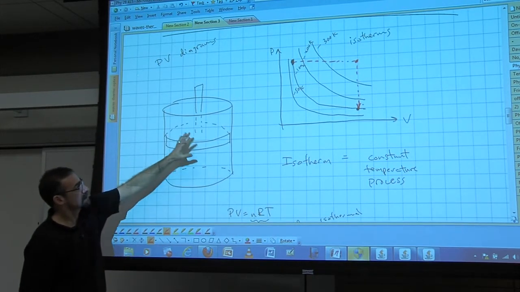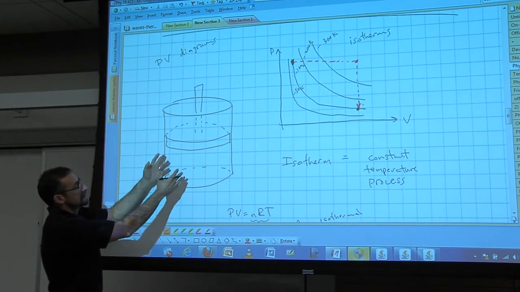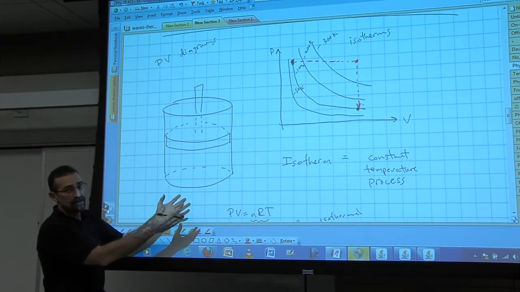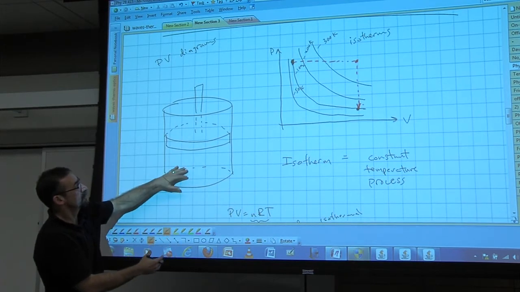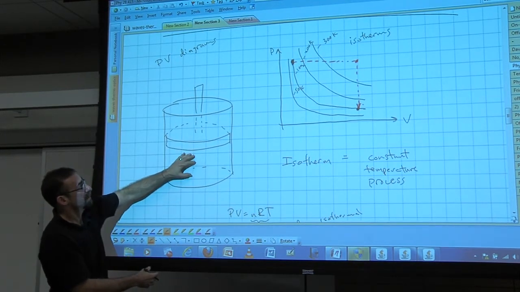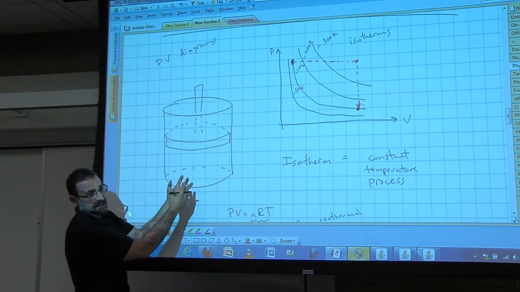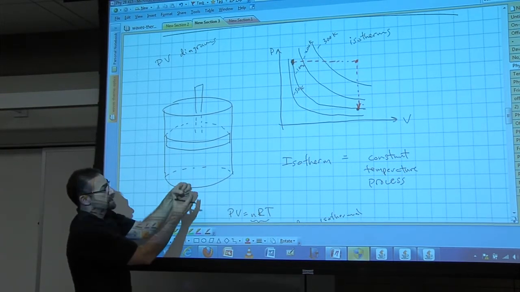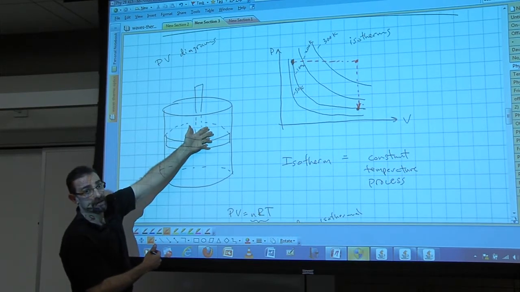And this is not an abstract construct. If you're familiar with the internal combustion engine in your car, this should be very familiar to you. There's a piston that looks just like this. The gas ignites, gets hot, expands, does work, makes your car go, right?